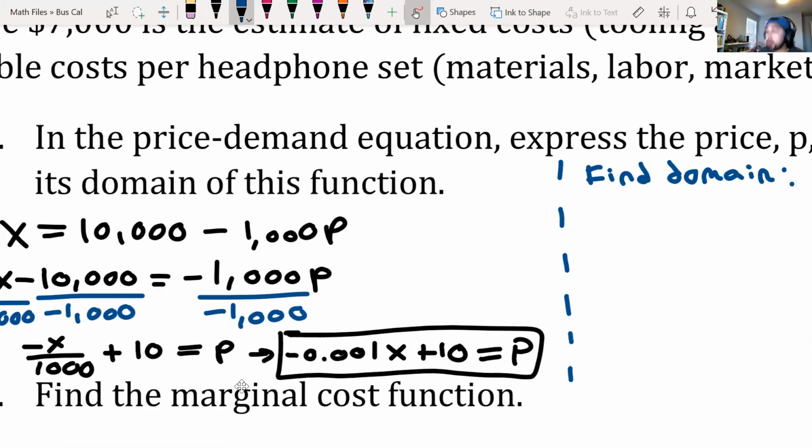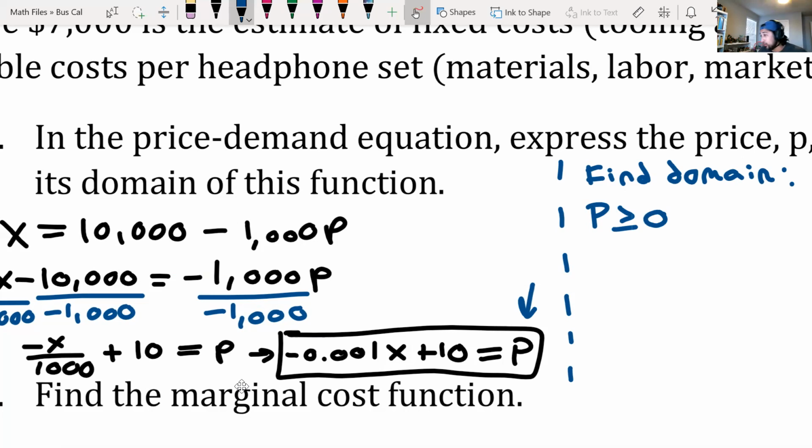Okay. And in order to find domain, we have to think of this as a business problem. If price is now in terms of X, price can never be below what number? 0. So what we're going to do here is take our new price function and set it greater than or equal to 0.